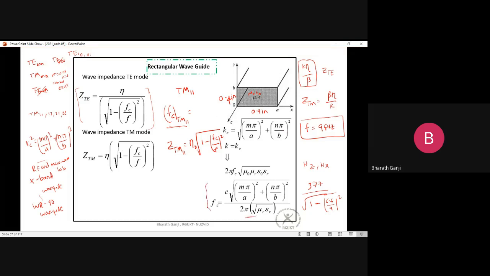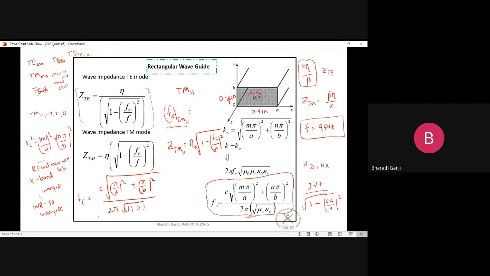You have the formula for cutoff frequency here. In this formula I have to put c into square root of, the m and n values are 1. So it is pi by a whole square plus pi by b whole square, divided by 2 pi into square root of mu r epsilon r, which is 1.